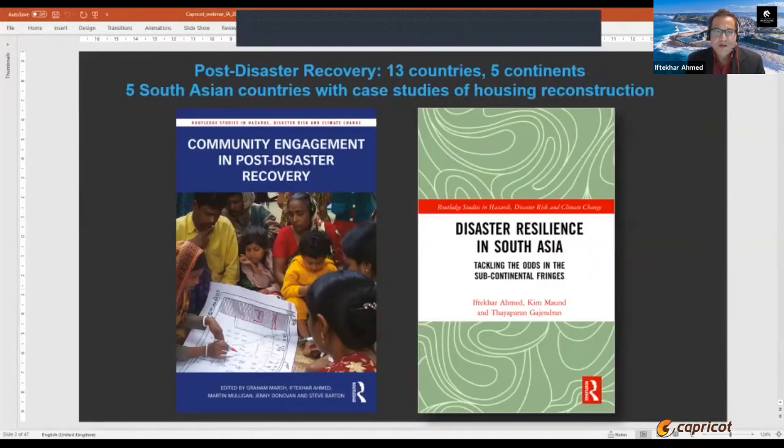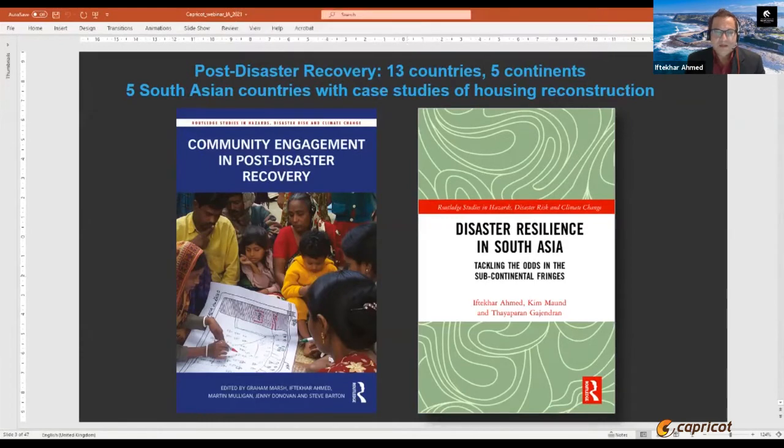The first one on community engagement, post-disaster recovery, covered 13 countries and 5 continents. We could not eventually capture South America because of language barriers, but we tried to get a broad brush understanding of this field.